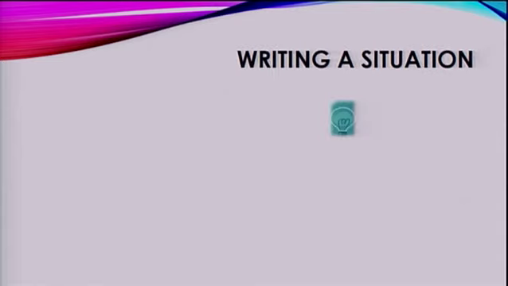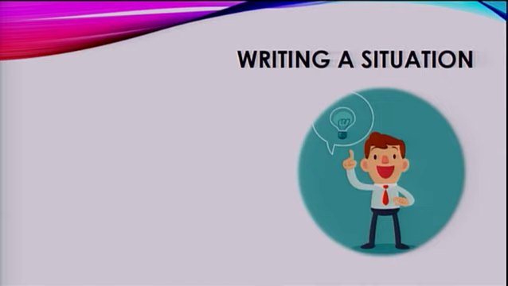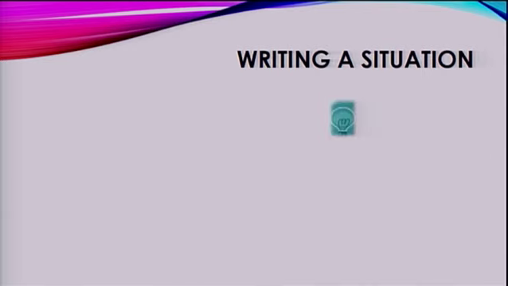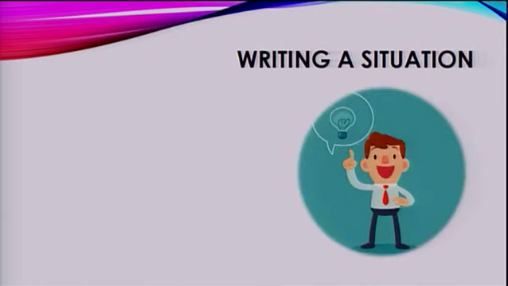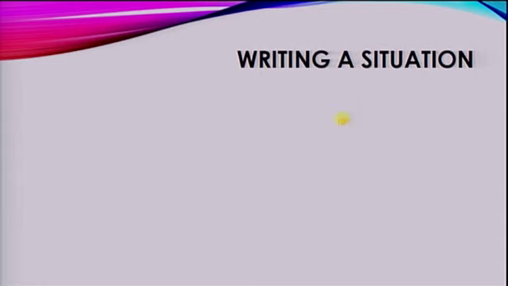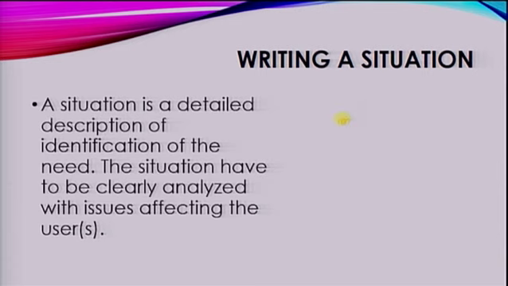I'm sure you still remember how we had written a situation and what were the things we considered while doing so in grade 7. Let us make a quick recap. A situation is a detailed description of identification of the need.